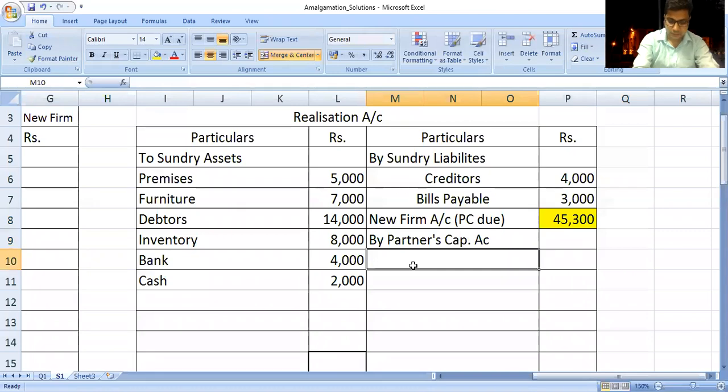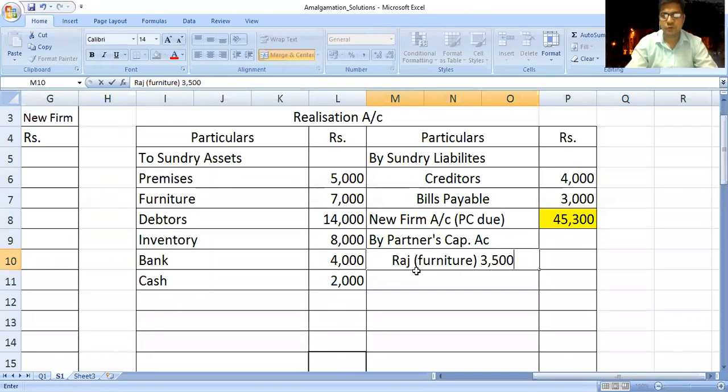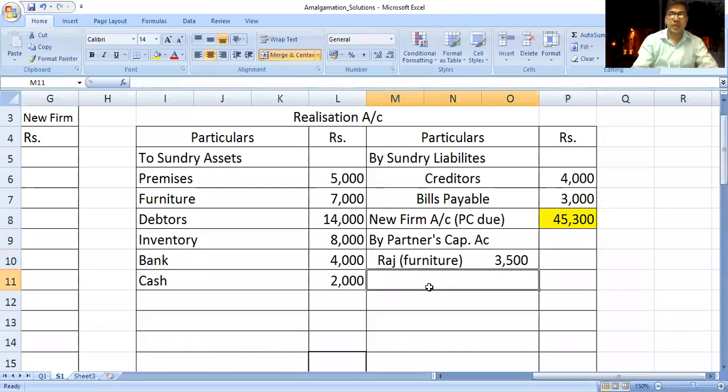and the partners are Raj and Sham. Furniture he has taken, the value is considered 3,500. Total value of the furniture was 7,000. From this 7,000, it is equally distributed to Raj and Sham, 3,500 each.